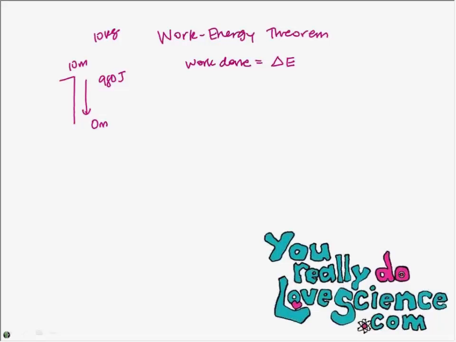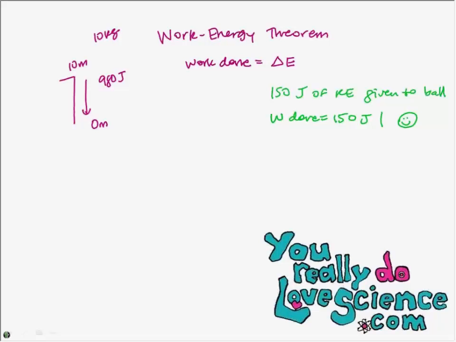And this will work also when you say how much work was done. If you throw a ball and you give it, let's say, 150 joules of kinetic energy, how much work did you do to give it that much kinetic energy? Well, the work done, therefore, was 150 joules.